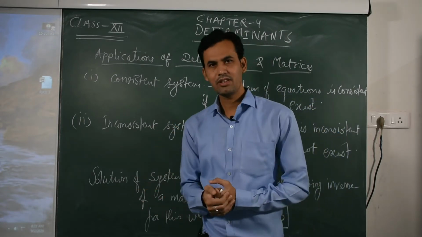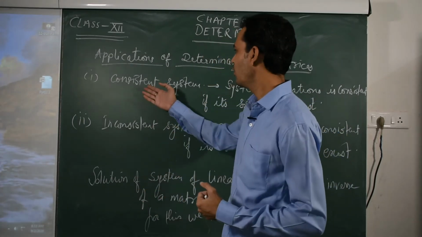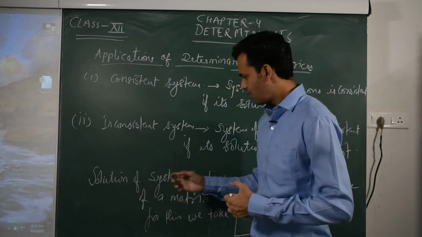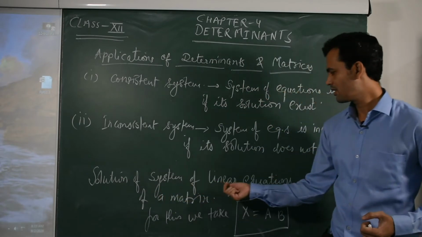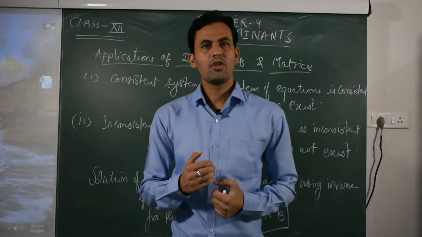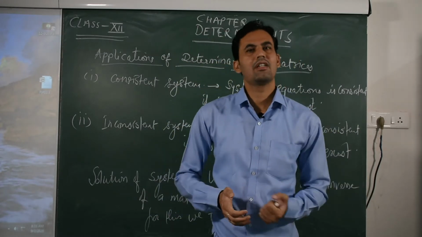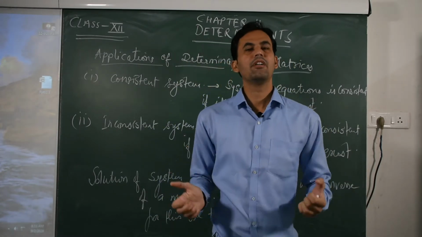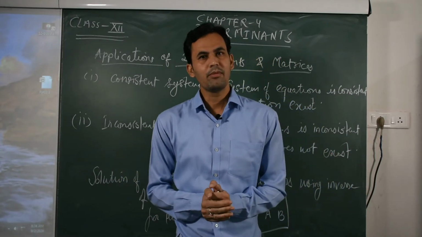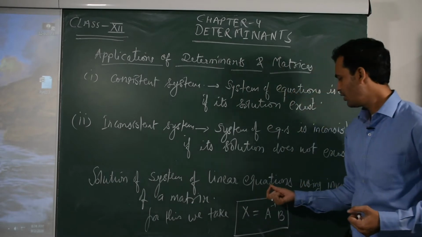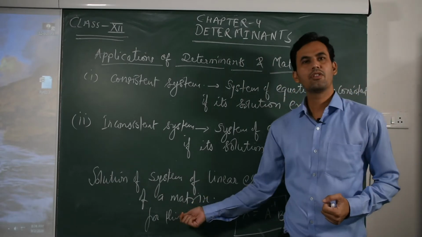So in questions we discuss more about consistent and inconsistent systems, and after that the next topic is solution of system of linear equations using inverse of a matrix. We solved linear equations in previous classes in 10th and 11th by substitution method, elimination method and cross multiplication method, but here we have to solve linear equations using inverse of a matrix.